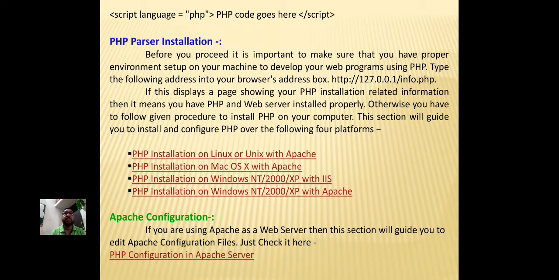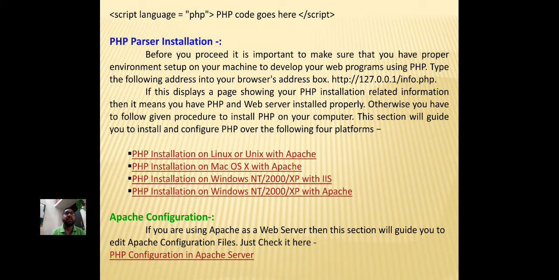If this displays a page showing your PHP installation related information, then it means you have PHP and web server installed properly. Otherwise, you have to follow the given procedure to install PHP on your computer.